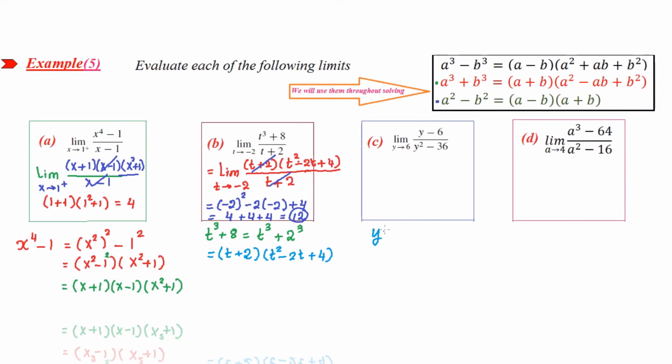You can write it as y square minus 6 square, and by using this rule you will get y minus 6 multiplied by y plus 6.